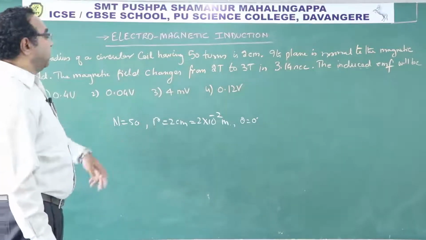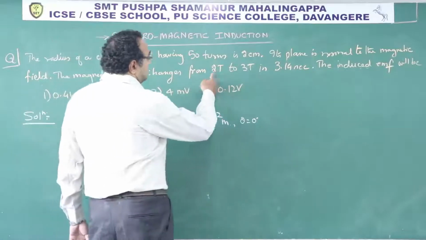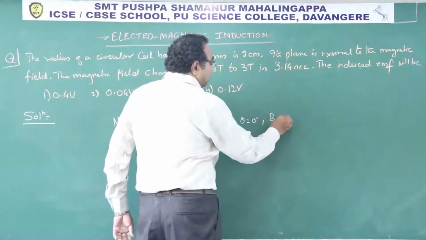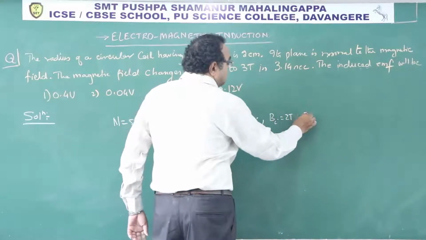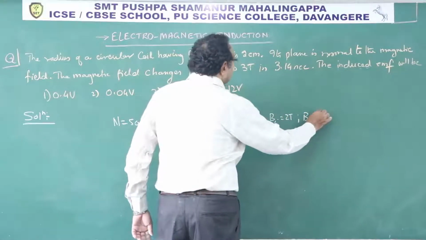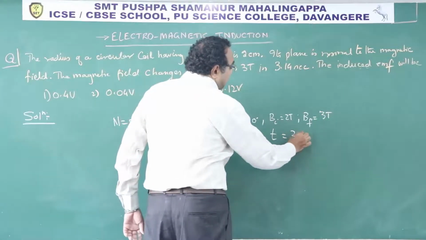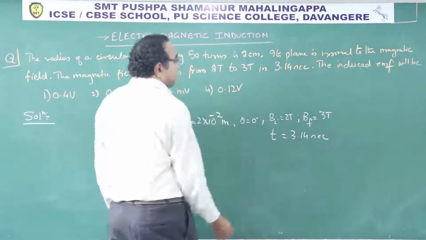The magnetic field changes: initial B is 2 Tesla, final B is 3 Tesla, and the time taken is 3.14 seconds.